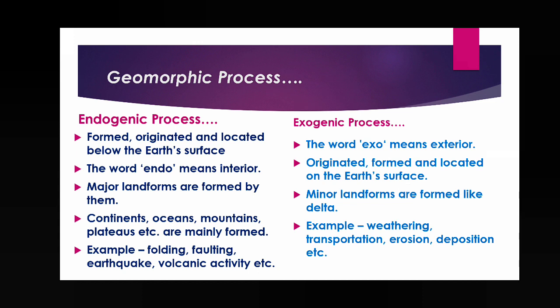Then we also discussed the geomorphic process. That means there are 2 types of geomorphic processes, endogenic and exogenic. Endogenic means working within the earth, below the earth surface, and exogenic means exterior, working outside, on the earth surface. These are mainly responsible for the formation of different types of landforms.